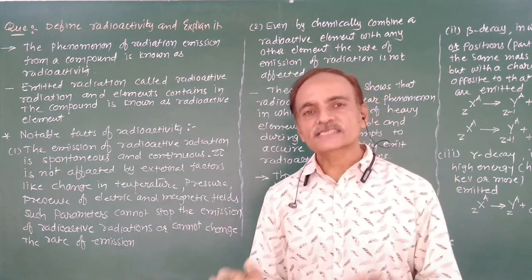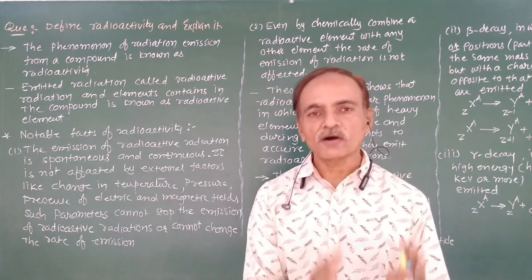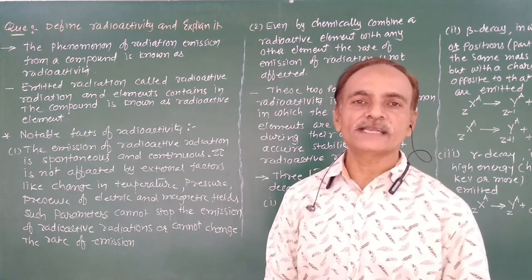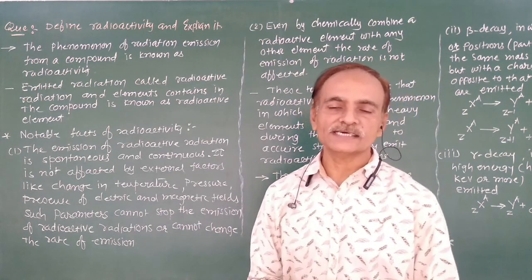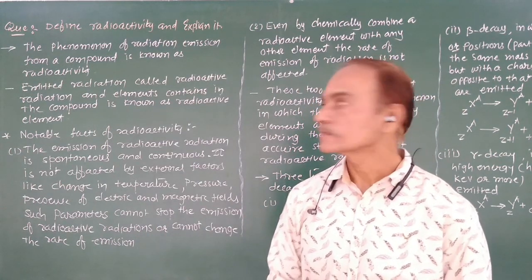During this process, the heavy nuclei transfer from an unstable to a stable state. The energy is radiated either in the form of particles or in the form of radiation, that means energy or photons.